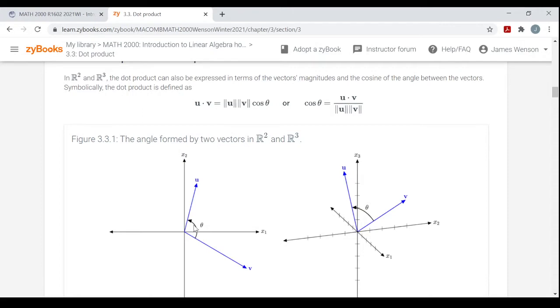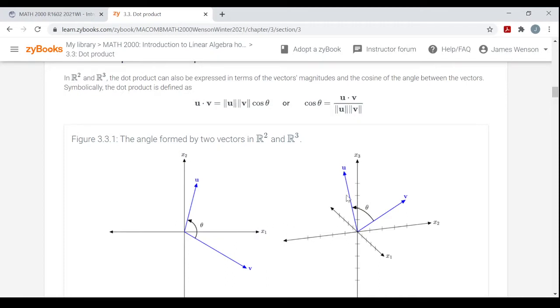Because technically every pair of vectors, if you look at the picture here, there's a large angle, something called a reflex angle, the large angle that the two vectors form. When we say theta here, we're talking about the smaller of the two angles formed.